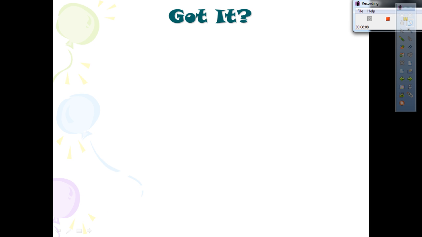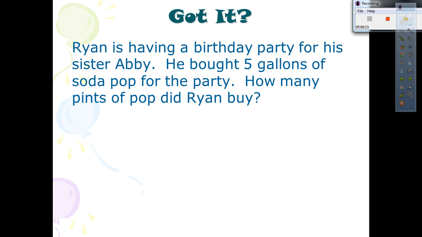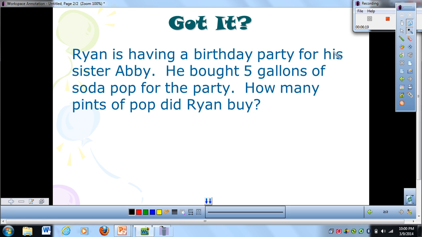Now let's use Gallon land to set up a proportion. Ryan is having a birthday party for his sister Abby. He bought 5 gallons of soda pop for the party. How many pints of pop did Ryan buy? Looking at this question, we know that we're going to be comparing gallons and pints.